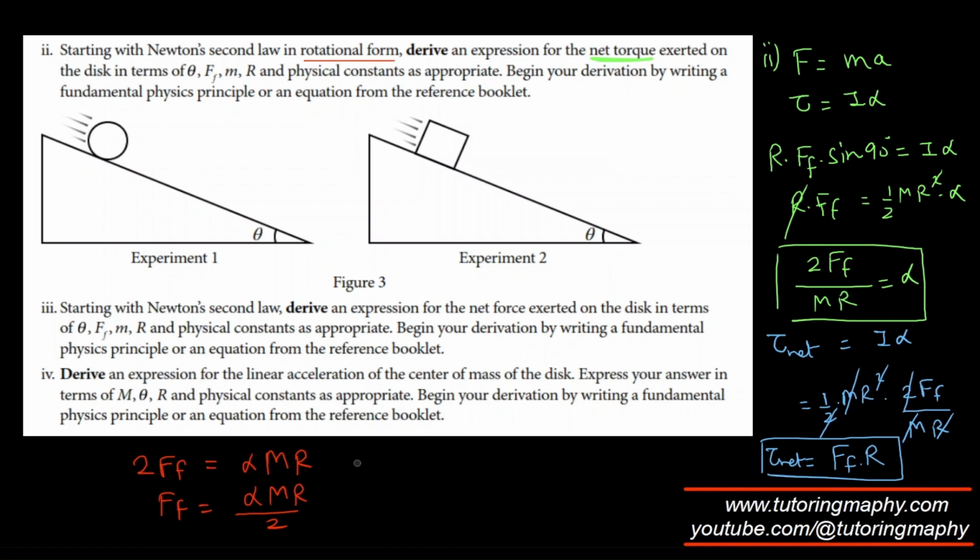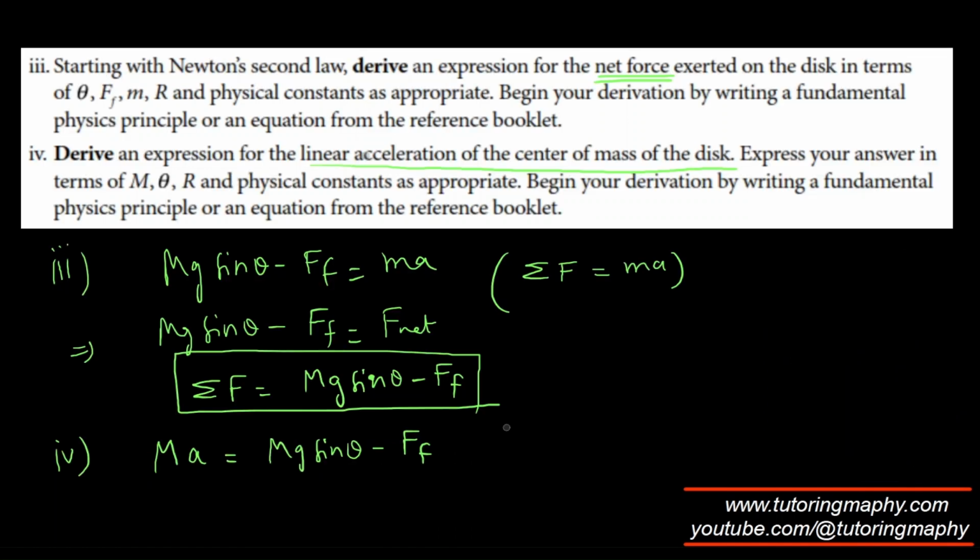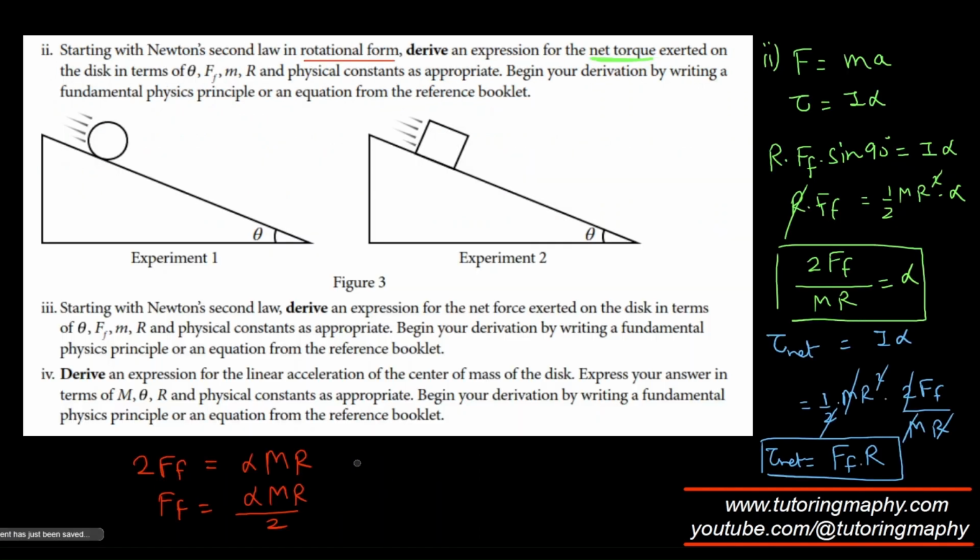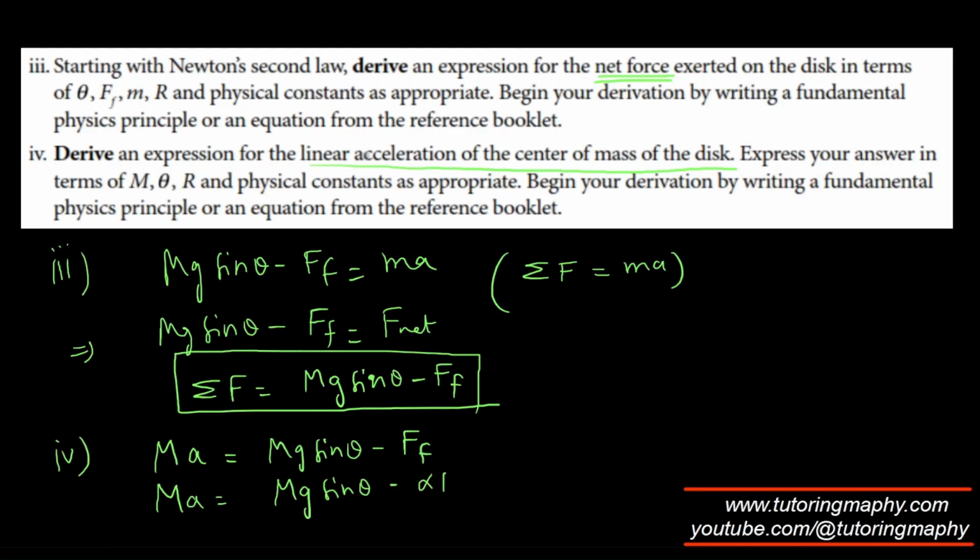That's absolutely right. And we will eliminate alpha just in a minute. So I'm going to replace this FF with alpha MR over 2. M and M is gone.